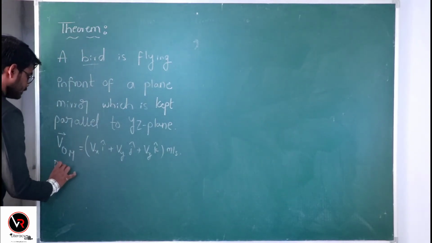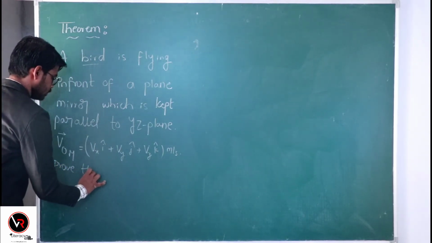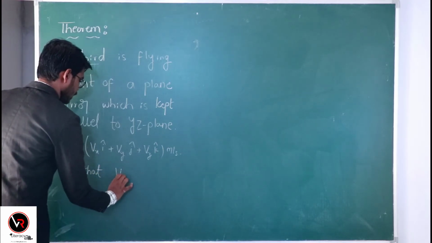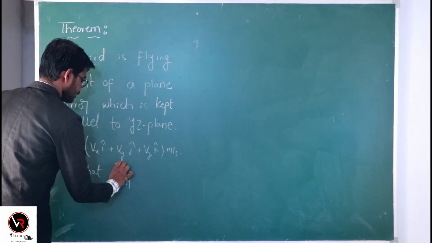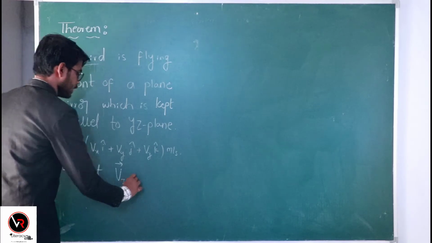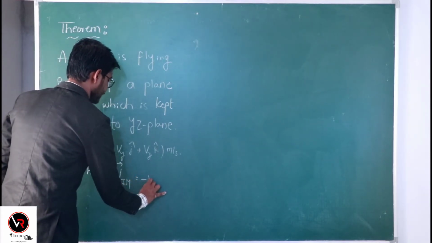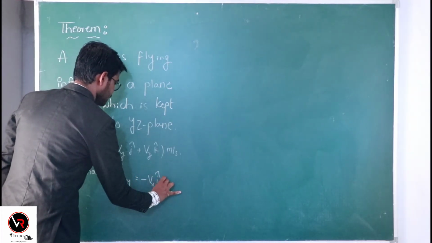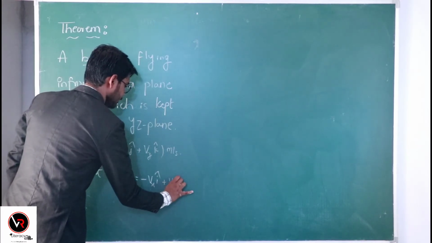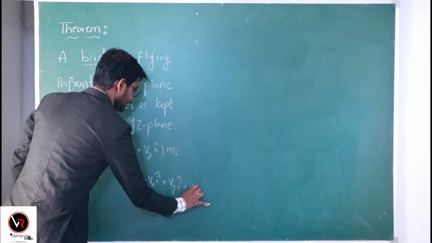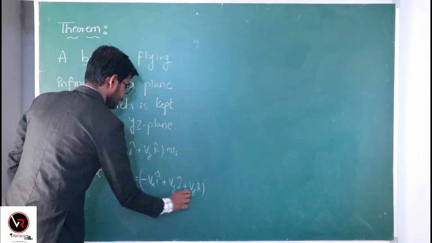Prove that the velocity of the image of the object with respect to the mirror is equal to minus Vx i cap plus Vy j cap plus Vz k cap.